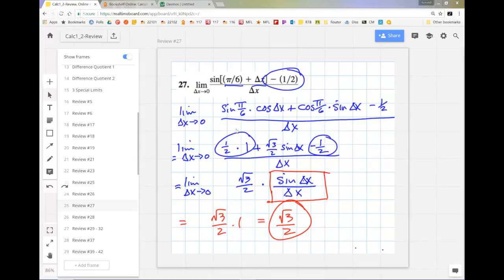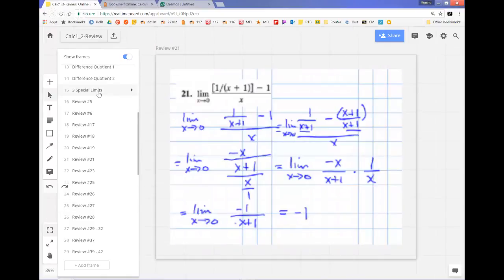Well, 1/2 times 1 is 1/2, and then adding that to the negative 1/2 wipes those two out, leaving you with the square root of 3 over 2 times the sine of delta x over delta x. And what I have in the box there, do you recognize? That's one of those 3 special limits.